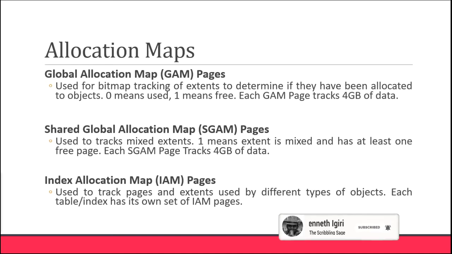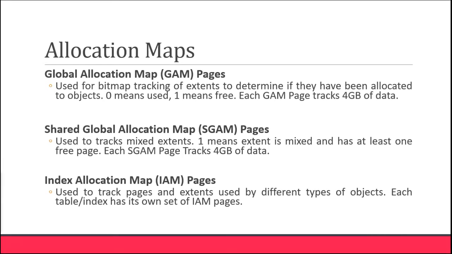They are reserved to show you information about a larger set of pages. For example, the first one is called the global allocation map. It's a page on its own, an 8 KB page, so it has information about the next 4 GB of data.